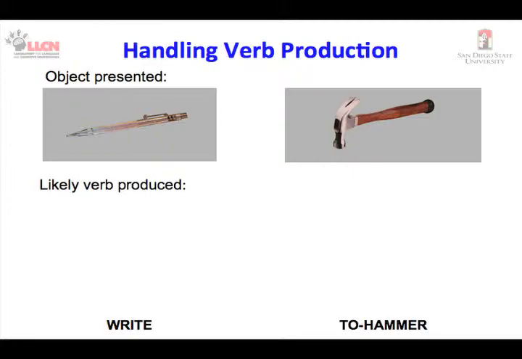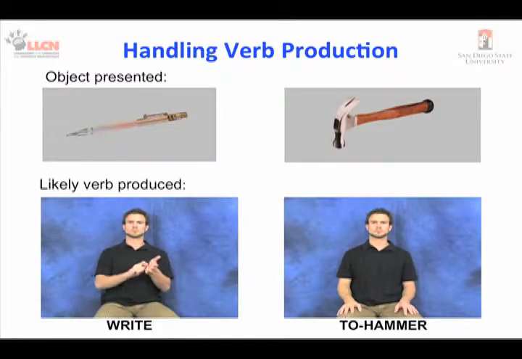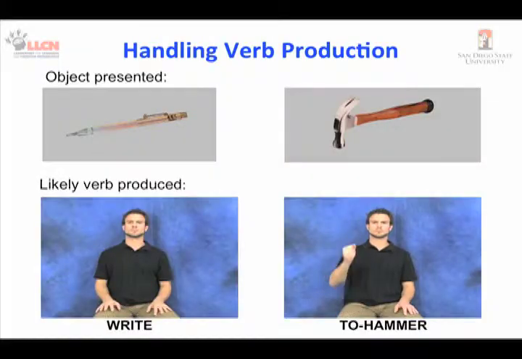If you were shown a picture of a pen, people would most likely produce the verb write. Or shown the picture of a hammer, produce the sign to hammer. We normed these with a group of deaf people to make sure that we consistently elicited these verbs. We also had hearing people judge whether these were really iconic. Could you guess the meaning? And they could guess the meaning. So these really did look very much like pantomimes.